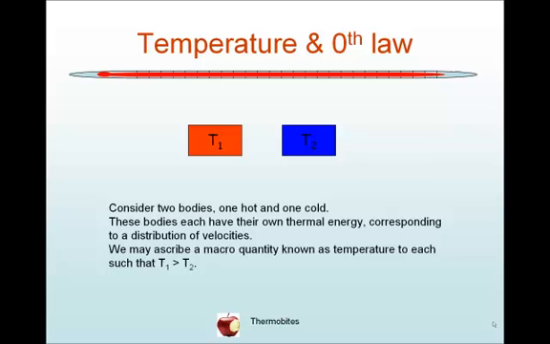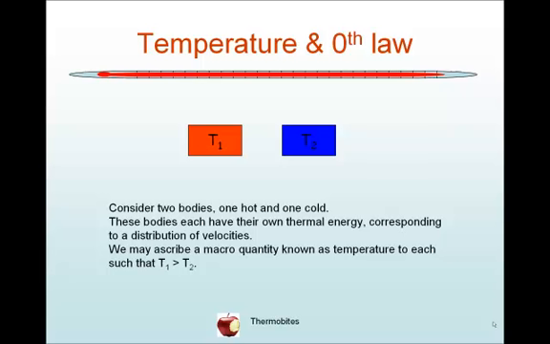Consider then two bodies. The red body is hot and the blue body is cold. Note that we don't describe temperatures as hot or cold. They are high or low, large or small. Each of these two bodies under consideration has its own thermal energy, which is a measure of the distribution of velocities within the gas or the solid or whatever that these bodies consist of.